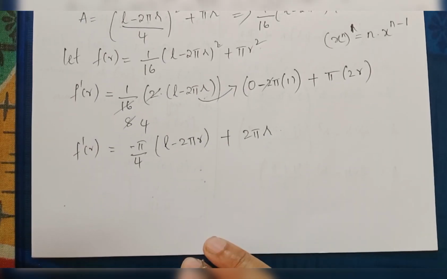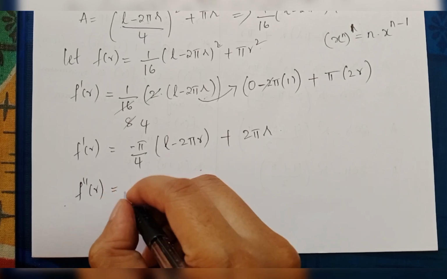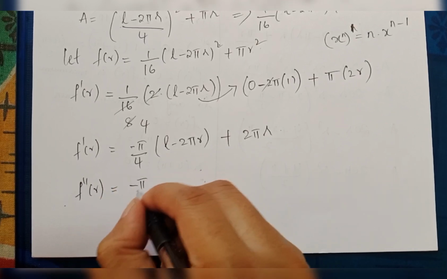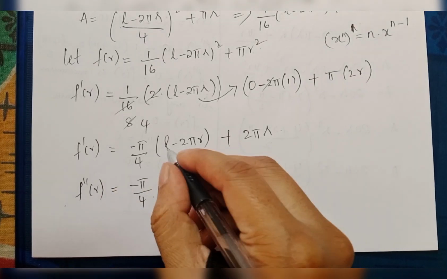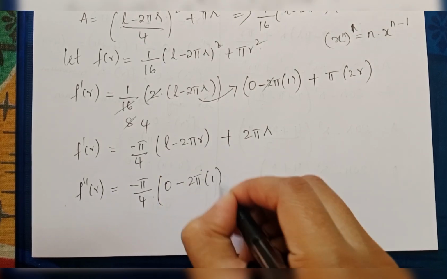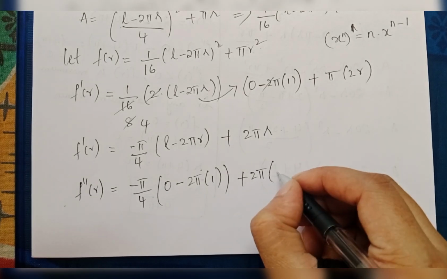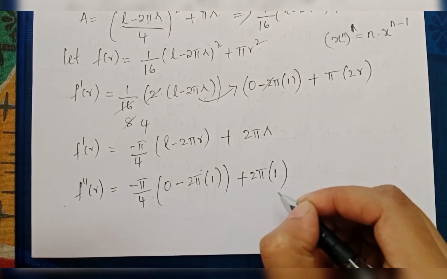Differentiate this again, and we'll get f double dash of r is equal to minus pi by 4 as it is, L is a constant so its derivative is 0, minus 2 pi into the derivative of r which is 1, plus 2 pi into the derivative of r which is 1.